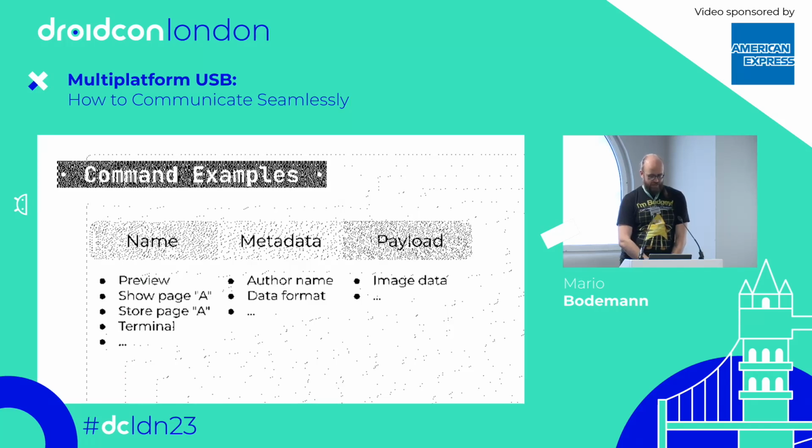So in this case, we decided there should be a preview command with the name preview that has some metadata, like how big is the image or whatnot, and then the actual payload in base64 zipped format that we send over the wire so that the badge then can understand it, take it apart, and actually display something on the badge.